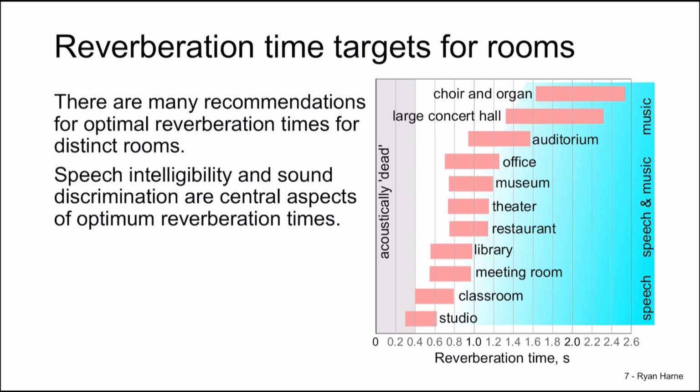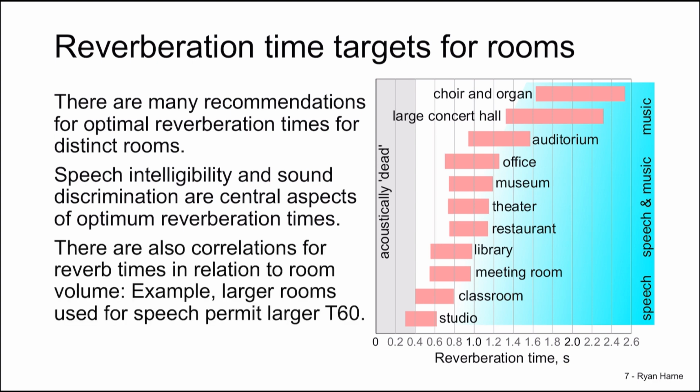And when we're in environments where we're specifically listening to music and performances, often the reverberation times will be greater than 1.4 seconds. And especially so for classic worship music in churches, where choirs and organs are heard. In those cases, the reverberation times might even approach 3 seconds.